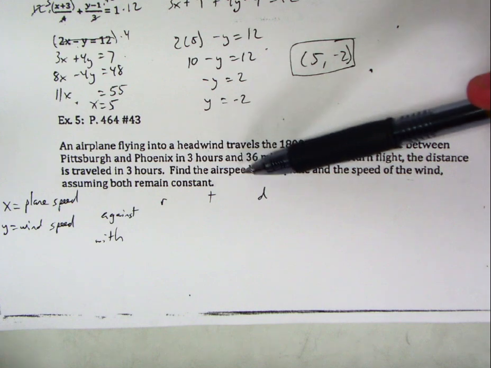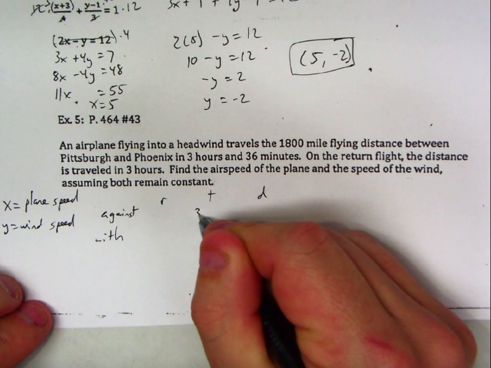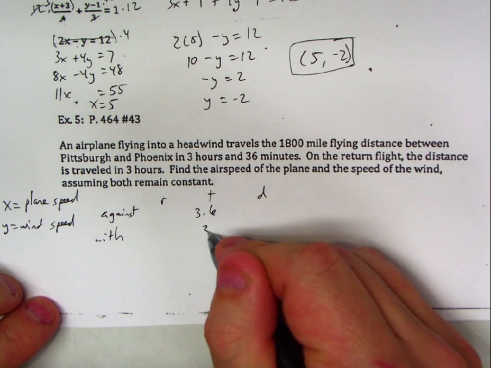We need to figure out what decimal 36 minutes of an hour would be. If you do 36 divided by 60, you'll get that answer. 36 minutes is 0.6 of an hour. So the time would be 3.6. And then going with the wind, it takes 3 hours.